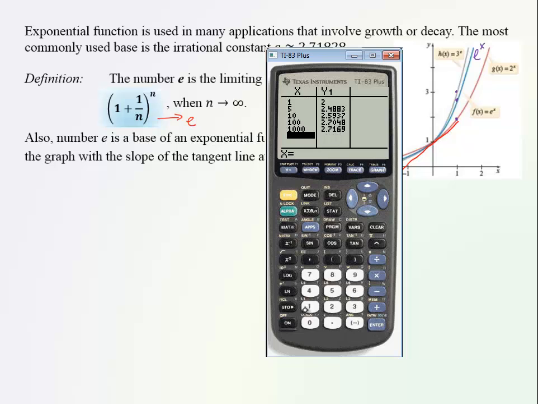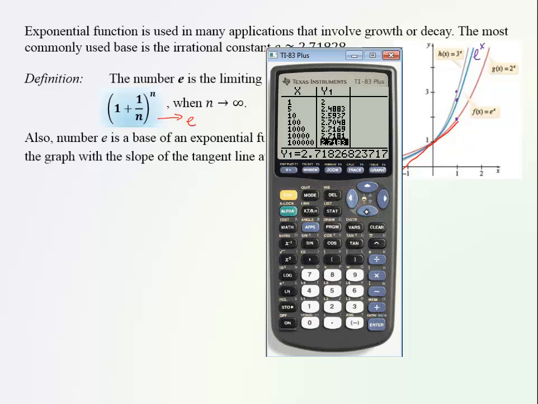Well, let's try 10,000. Oh, even three digits. Try one more zero. 100,000. And as you see, our value is really approaching a constant e. If we want to see more digits, we can highlight this number and then see even more digits.